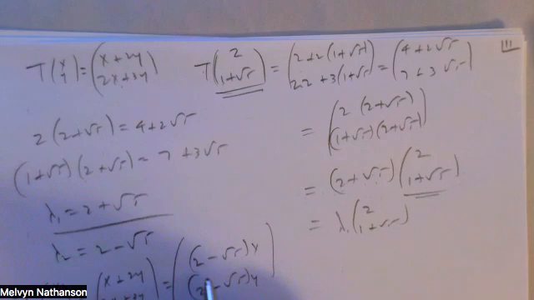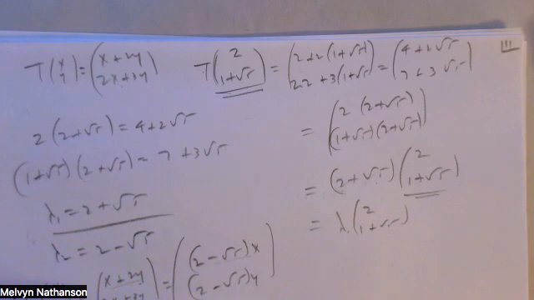If we equate coordinates, we get 2y equals 1 minus root 5 x. The second equation is 2x plus 3y equals this.